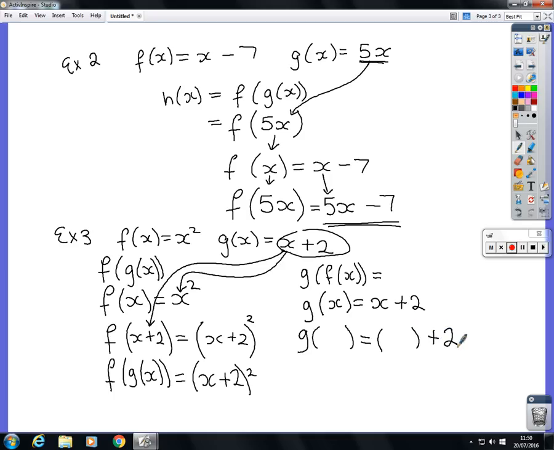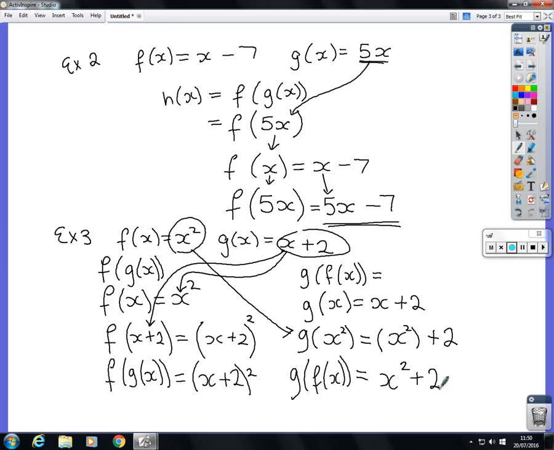So in those two brackets we're going to insert f of x, which is x squared. X squared goes in here. So now we have g of f of x. X squared plus 2. Those brackets weren't necessary this time.